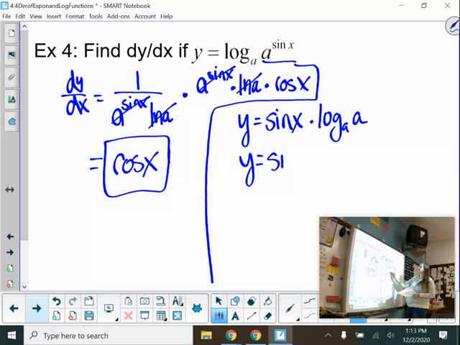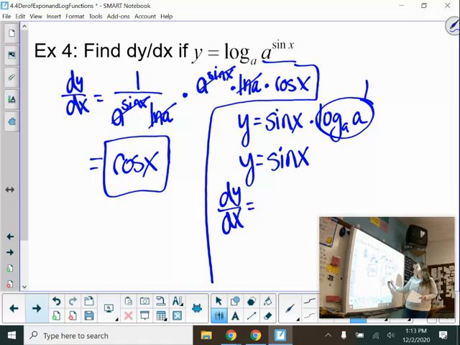So this is really sine of x, because this entire quantity is 1. So this complicated logarithm equation is really just the same thing as saying that y is equal to sine of x. And then when you take the derivative of that, of course, the derivative of sine of x is cosine of x. So we get the same thing. That's why it's important to always simplify before you take a derivative.